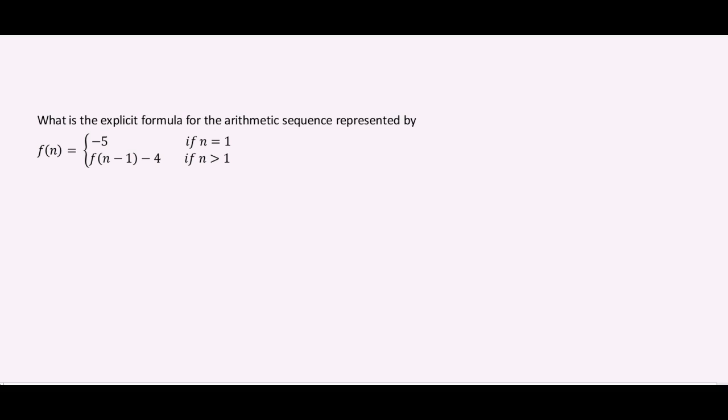The next example, f of 1 is negative 5. f of 2 is negative 5 minus 4. f of 3 is negative 5 minus 4 minus 4. f of 4 is negative 5 minus 4 minus 4 minus 4. So here's what our sequence is going to look like.